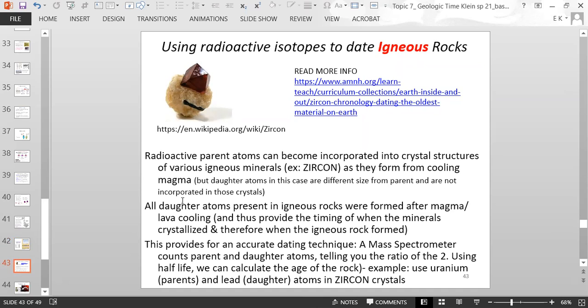All of the daughter atoms present in igneous rocks, therefore, were formed after the magma cooled and formed the igneous rock. Because if there were daughter atoms in the magma, they're not going to go in the zircon crystals. The zircon crystals are only incorporating the parent isotopes.